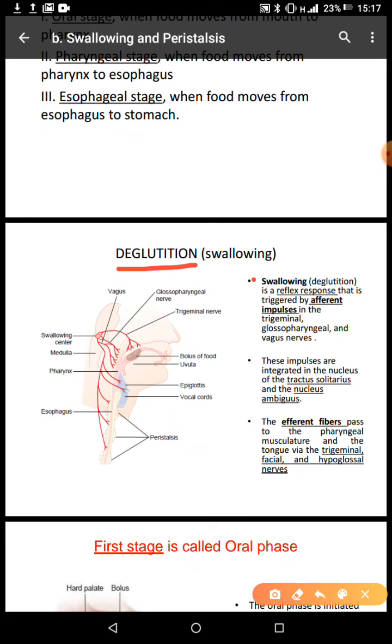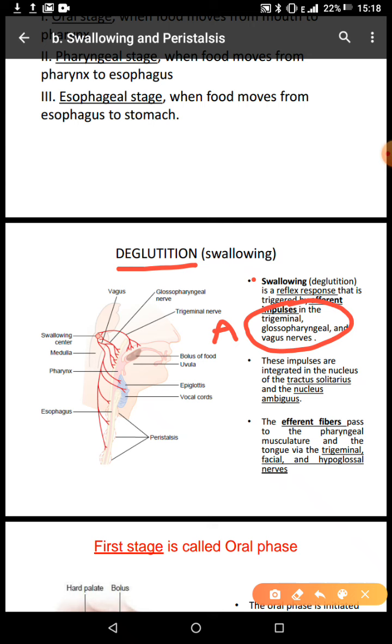So swallowing is a reflex response that is triggered by the afferent impulses in the trigeminal, glossopharyngeal, and the vagus. Trigeminal is cranial nerve number 5. Glossopharyngeal is cranial nerve number 9, and vagus nerve is cranial nerve number 10. So these are the afferent fibers involved in swallowing.